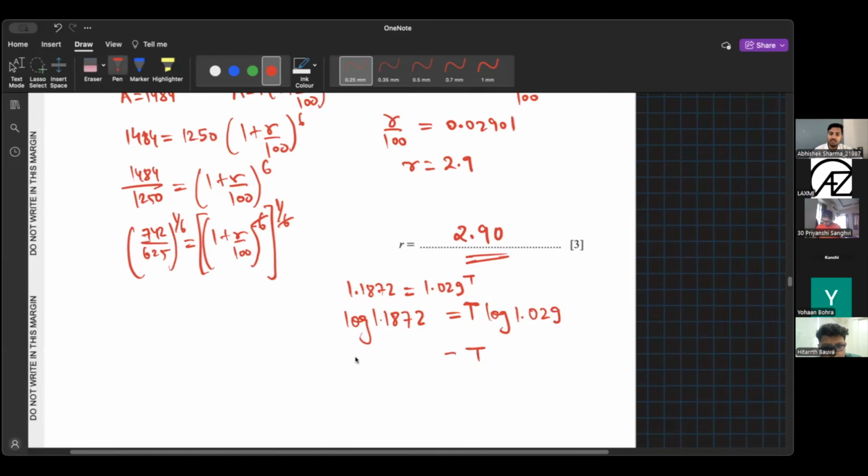So now t will be equal to log 1.1872 whole divided by log 1.029. And when you do this in your calculator, shift, there is a log sign, 1.1872 bracket close divided by, again shift log 1.029 bracket close, and we are again getting 6.0025 like this.